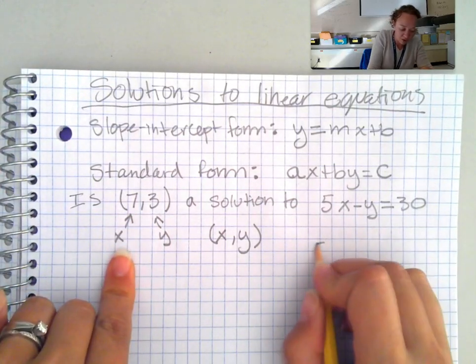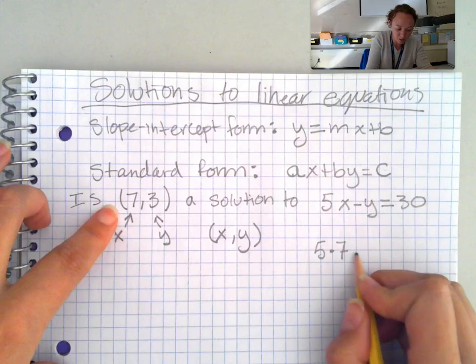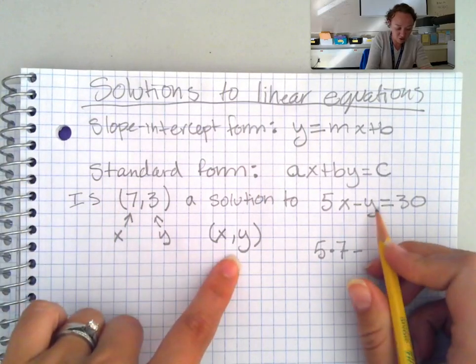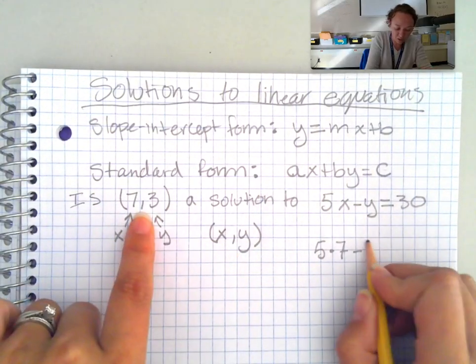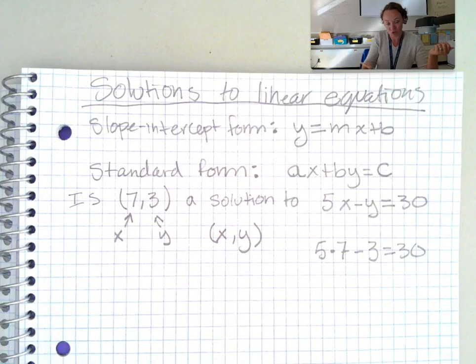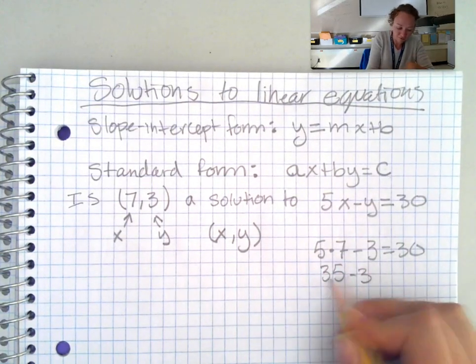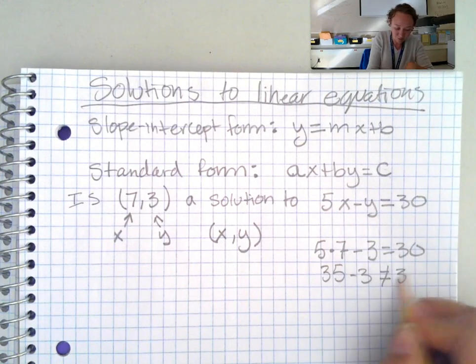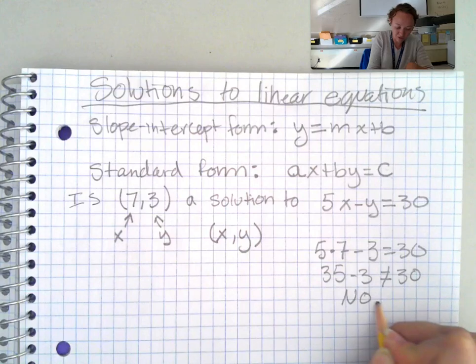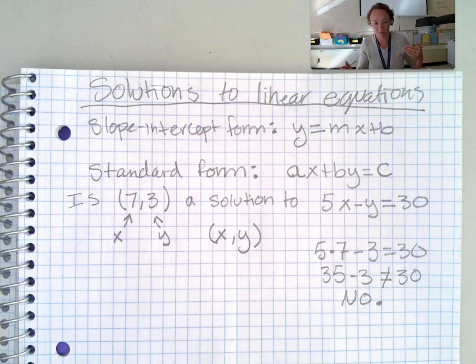It would be 5 times 7, because x equals 7, minus 3 equals 30. We do the math to see if it's true. 5 times 7 is 35. 35 minus 3 does not equal 30. So our answer to that question is no. (7, 3) is not on the line 5x minus y equals 30.